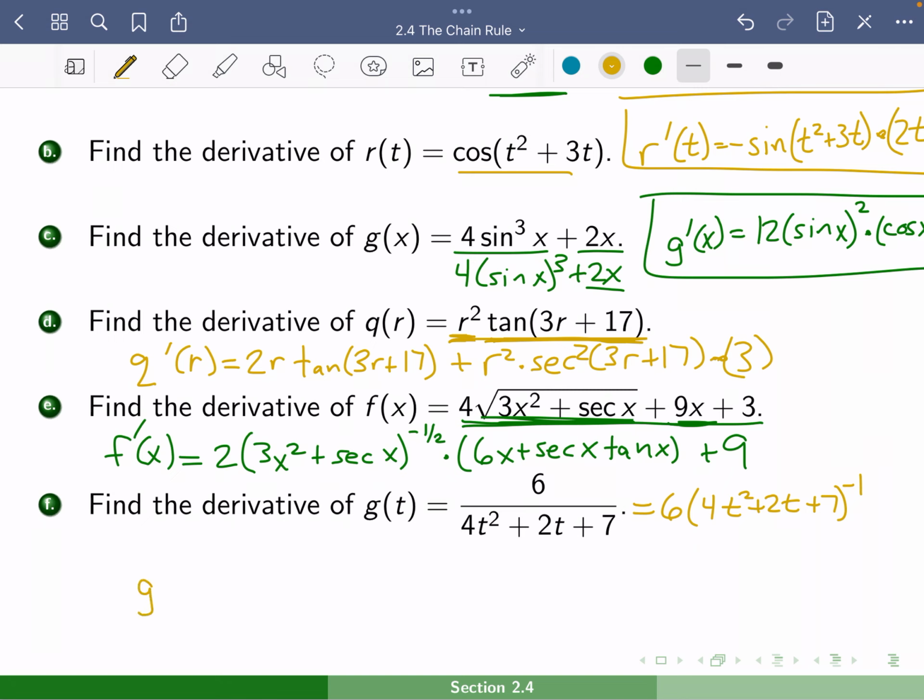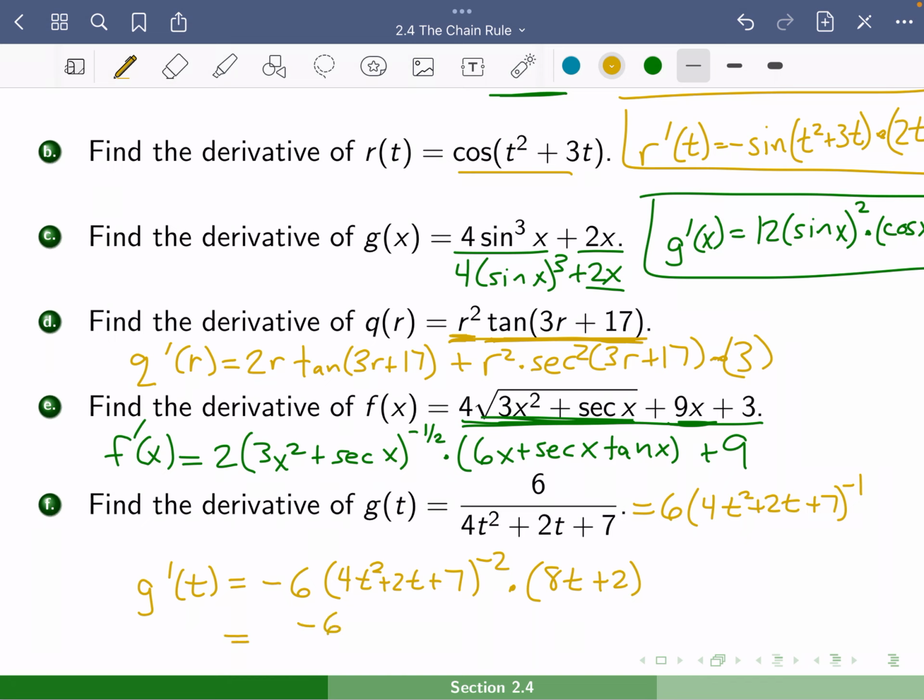And so then, when we take our derivative, it is negative 6. The inside stays the same, 4t squared plus 2t plus 7. So we brought the negative 1 down, subtract 1 from the power, negative 2, times the derivative of the inside, which is 8t plus 2.